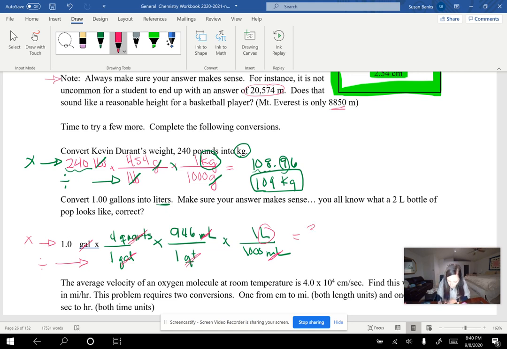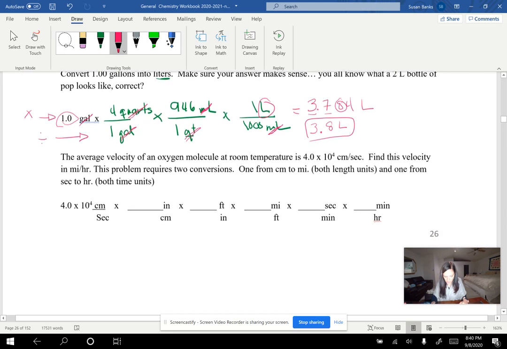This will give me 3.784 liters. Now notice I started off with 2 digits here. So if I look at just the 2 digits, that 8 is going to tell me to round up. So I would probably write this as 3.8 liters. Okay, how do you do? You doing okay? All right, this one is a pretty complicated one.